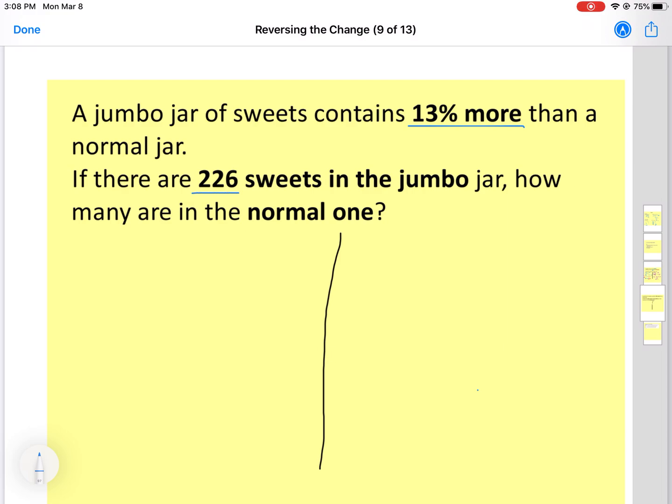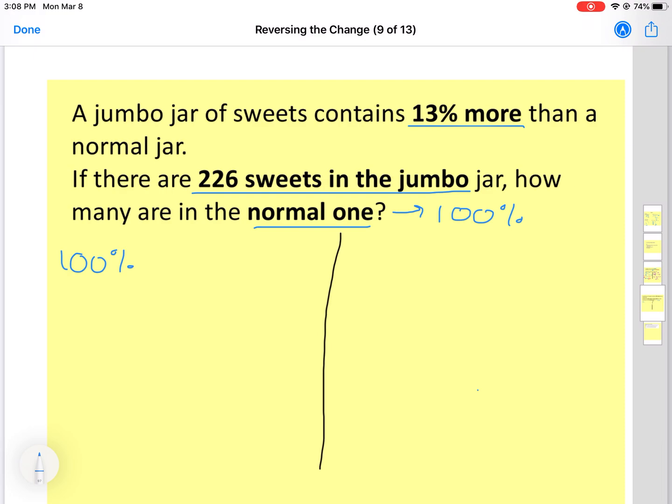We are told that there are 226 sweets in the jumbo jar, so we're given our new value and we want to find out what the normal one had, how many sweets. So we're assuming again that the normal jar is 100% of the total value. So start off again with 100%.